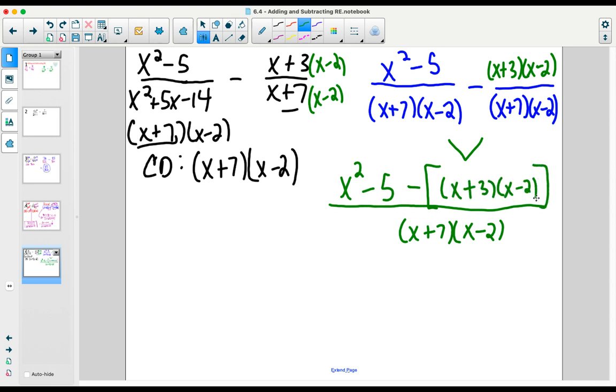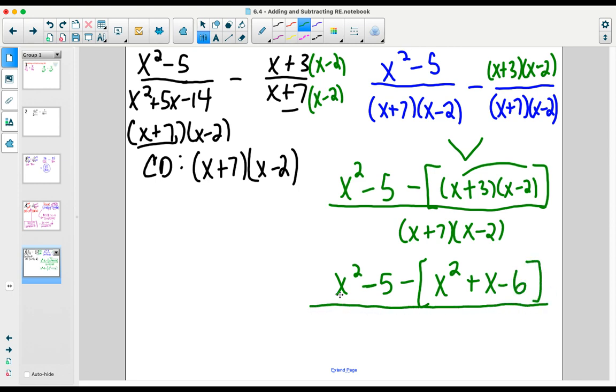We want to be very careful about the way that we write this. Notice the inclusion of the brackets. We want to make sure we're subtracting everything that comes out of this multiplication when we're done. X squared minus 5 minus the entire x squared plus x minus 6, the result of doing that multiplication that was inside of the bracket.